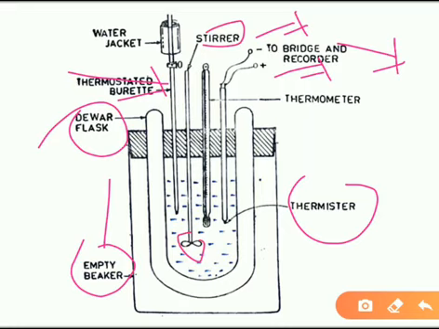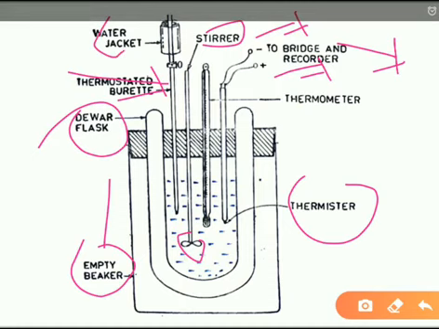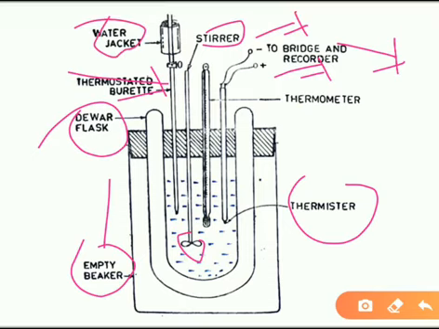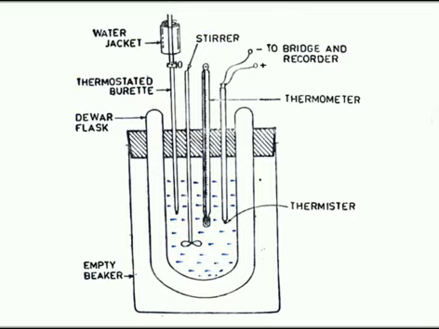The titrant is added through this thermostated burette, and here we have the water jacket to control the temperature of the titrant. In addition to that, we have the thermometer here.